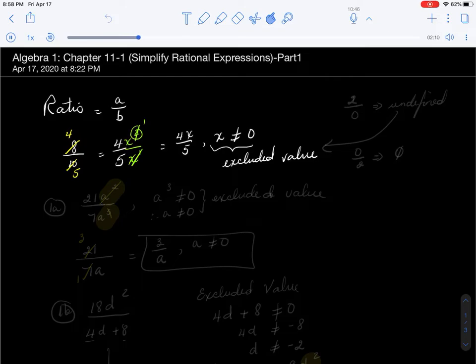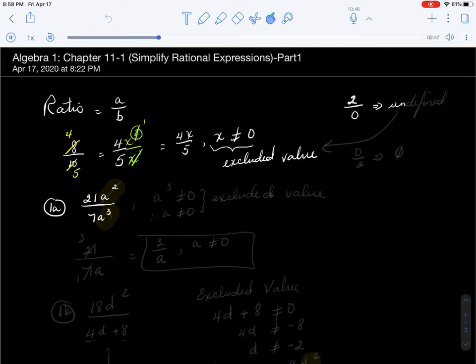Let's take an example, 1a. They ask you to simplify an expression and then state the excluded value. Remember, when you have something over something, the reason we do excluded values is because you don't want anything to be over 0.